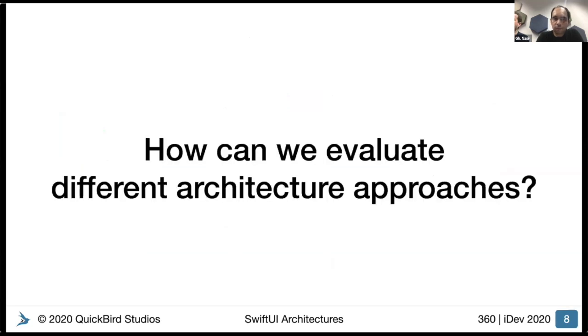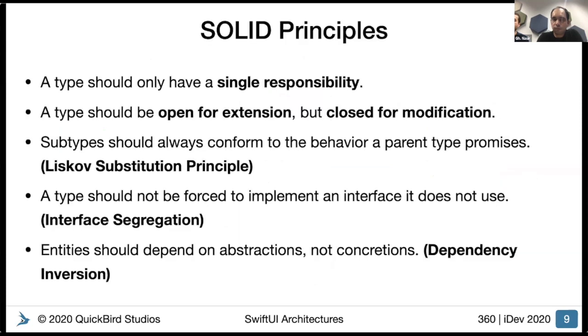So first of all, we want to check how we can actually evaluate different architecture approaches, because we want to have a look at what kind of an architecture we use for our QuickGit application. Normally we would start with something like the SOLID principles. For example, the SOLID principles say that a type should only have a single responsibility, it should be open for extension but closed for modification, and many more principles like that.